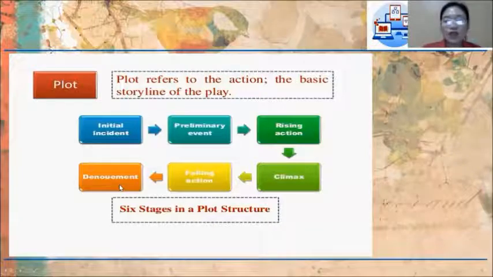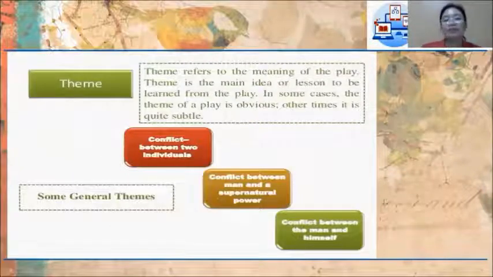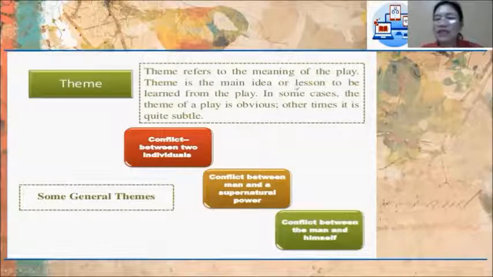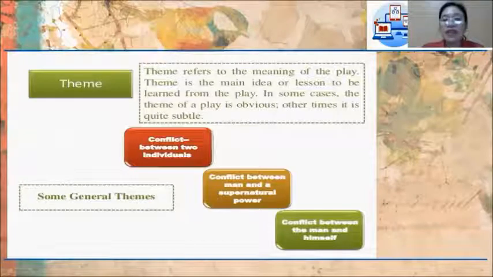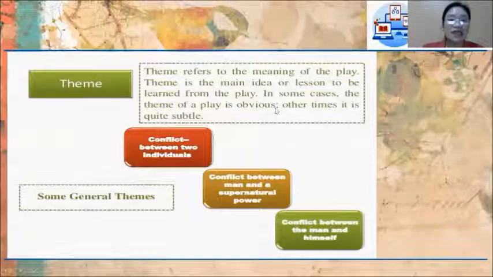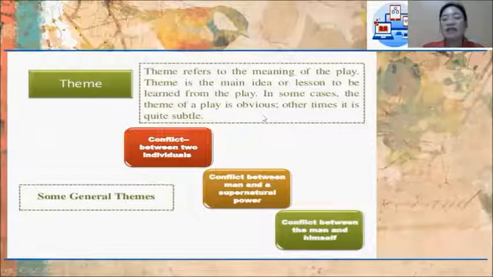Next we have a theme. Theme refers to the meaning of the play. What is the theme of the play? Now, theme is the main idea or lesson to be learned from the play. In some cases, the theme of a play is obvious. Other times, it is quite subtle.